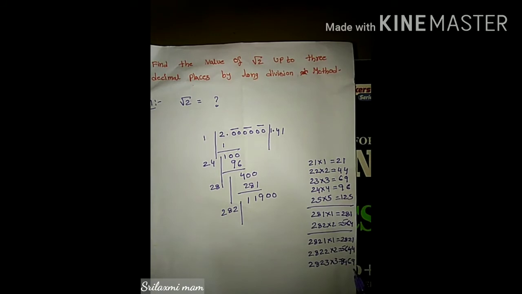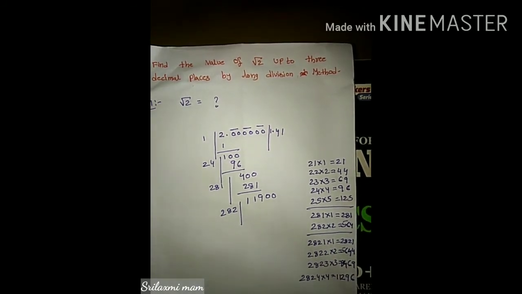Next, 2824 into 4 equals 11296. 4 twos are 8 plus 3 is 11, that means 11,296.